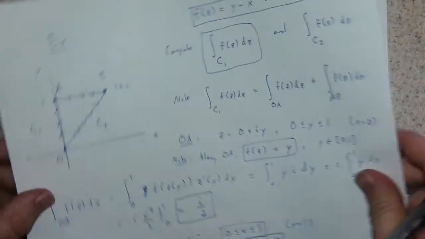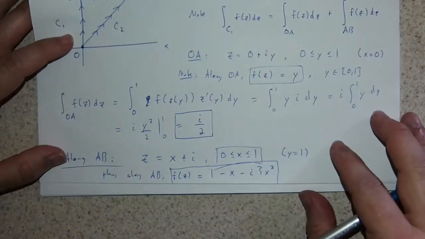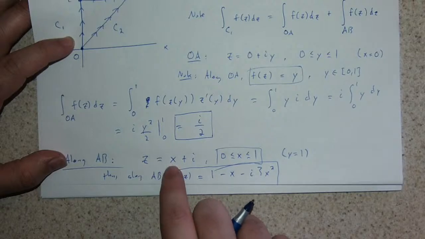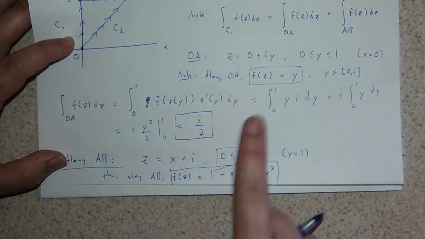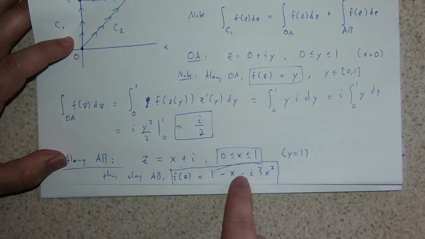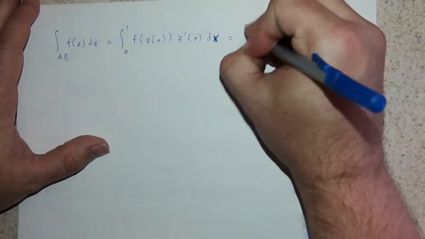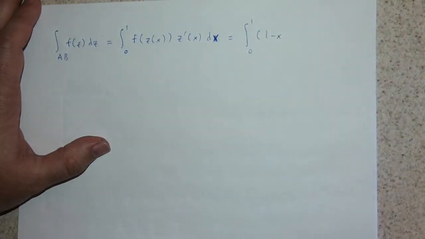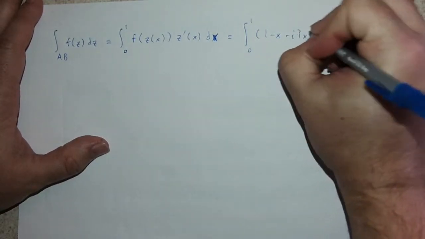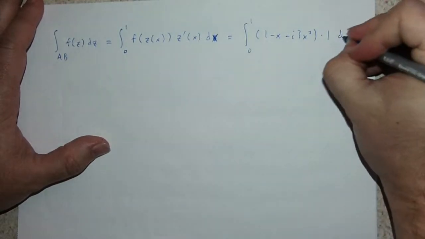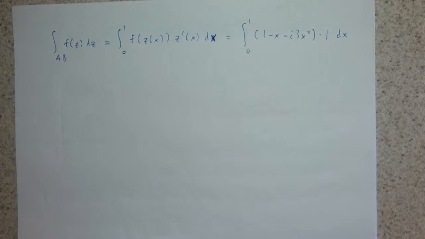So going back here for a second, here's z of x. So if I take the derivative of this with respect to x, I just get 1. Right, so I just get 1 here. Along AB, f of z of x here is 1 minus x minus I times 3x squared. Okay, and so this becomes the integral from 0 to 1 of 1 minus x minus I 3x squared times 1, which is z prime of x dx. Okay.